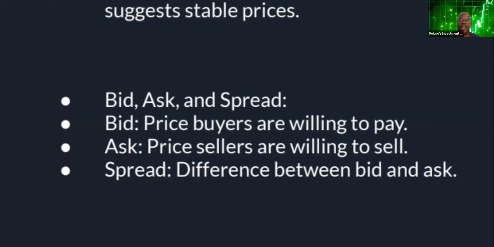So usually when you are buying outside of the market hours, meaning outside of 9:30 to 4 p.m., the spread will be higher. That means the difference between the asking price and the selling price will usually be higher outside of the market.